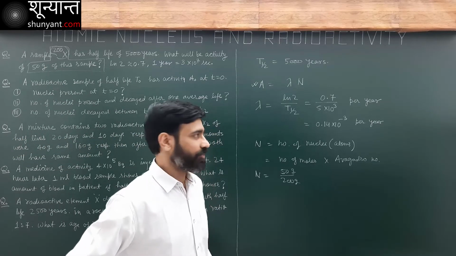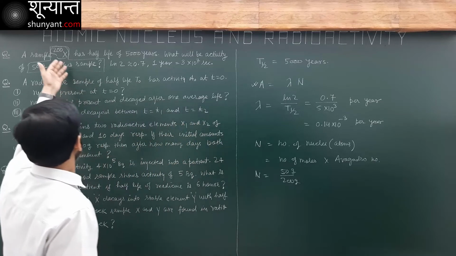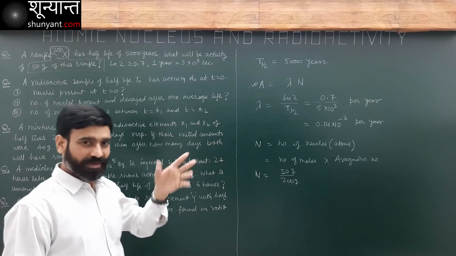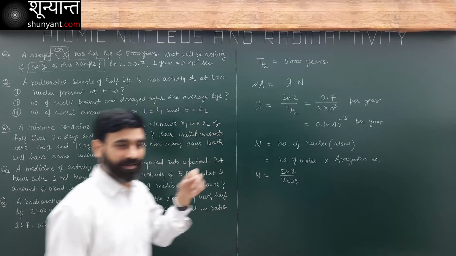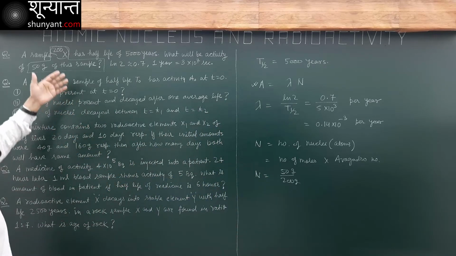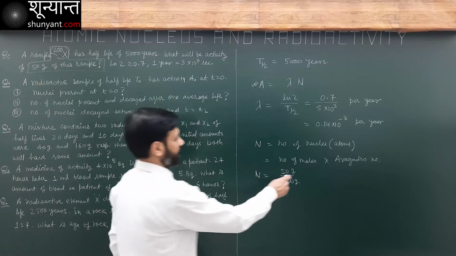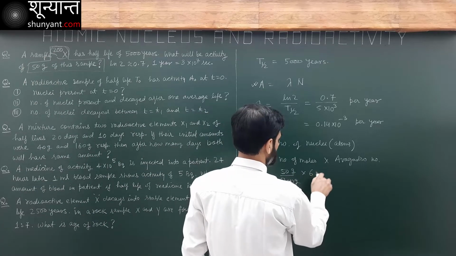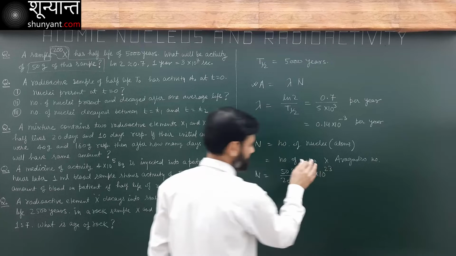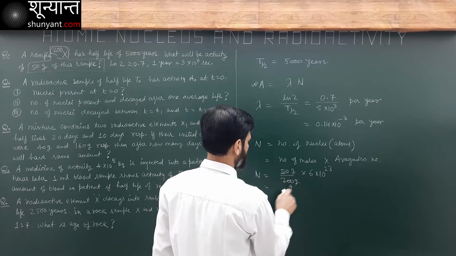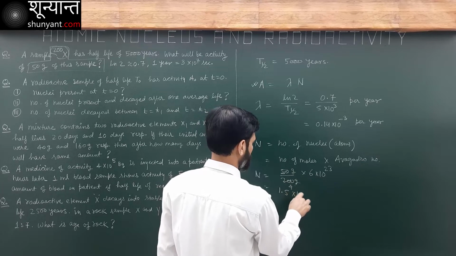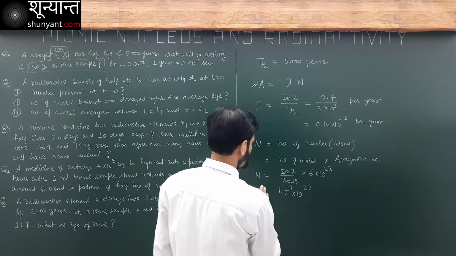So we can make use of the mass number; both are roughly the same. If it is not given, I have no other choice but to use this value, into 6 into 10 power 23. I'm getting an approximate answer: 1.5 into 10 power 23.